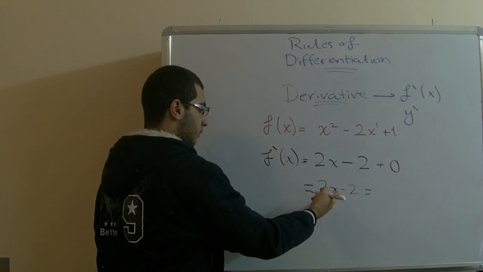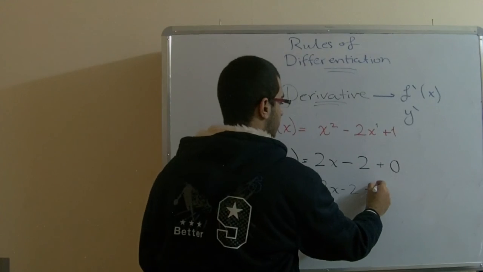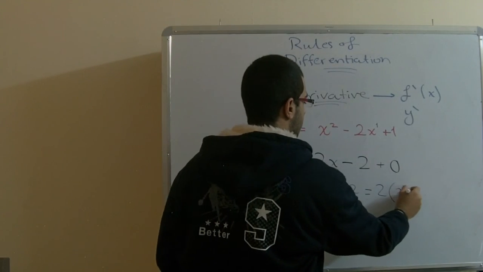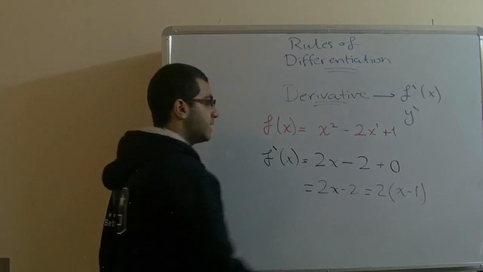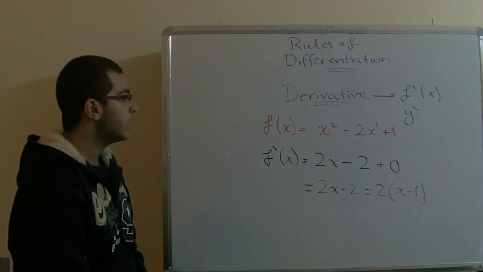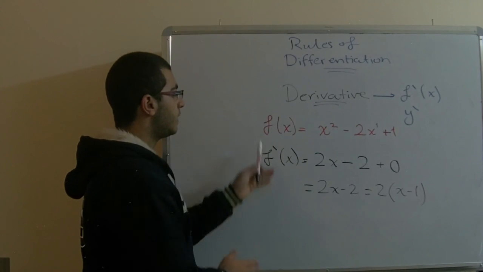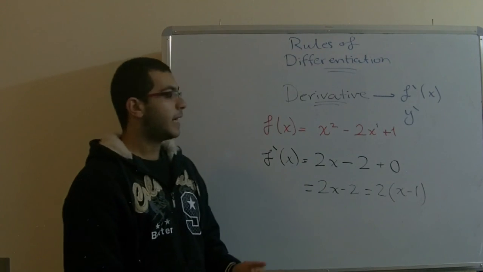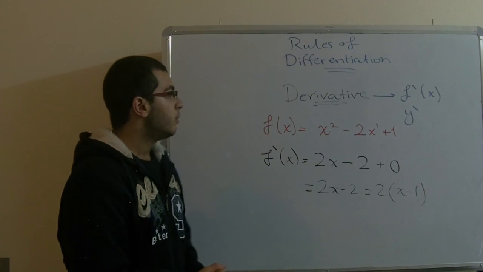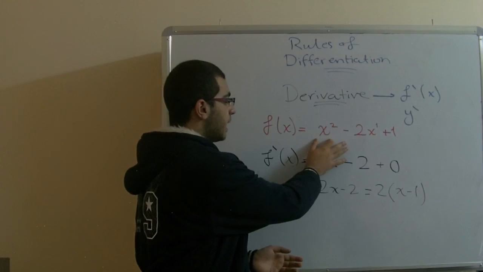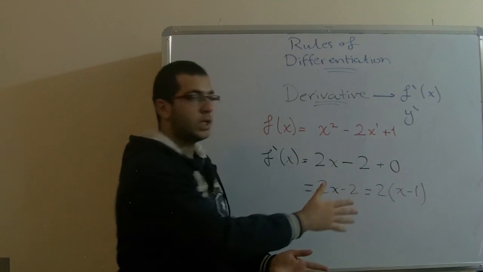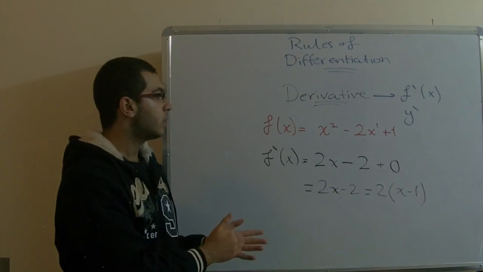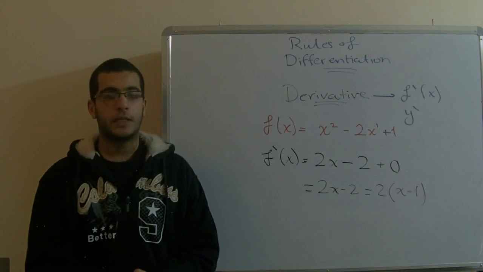We take the 2 outside the brackets to have 2 bracket x minus 1. This is the derivative of this function. And this is how we apply the last two rules that we mentioned, because the items here are added to each other. They are not multiplied or divided.